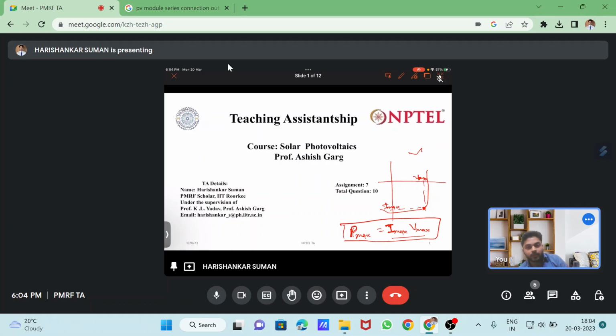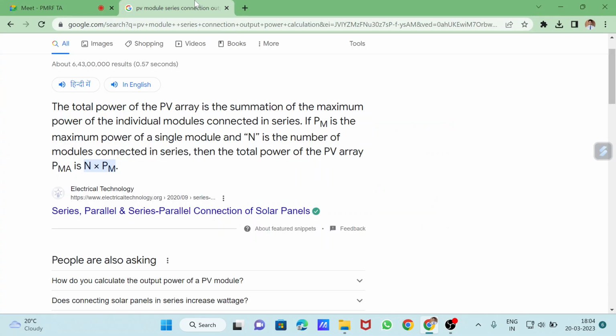Then if we have a PV array of n number of solar cells, you can calculate the total power of the PV array as the summation of the maximum power of each individual module connected in series.